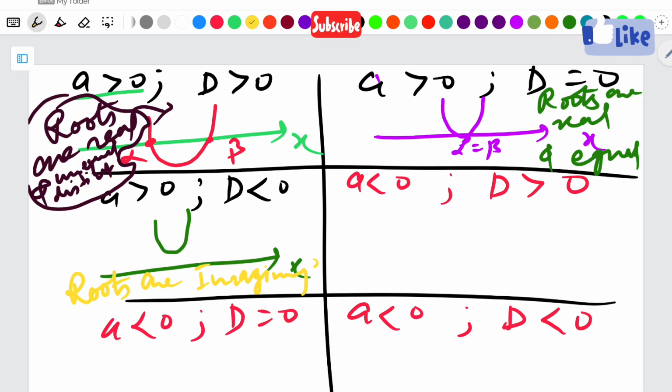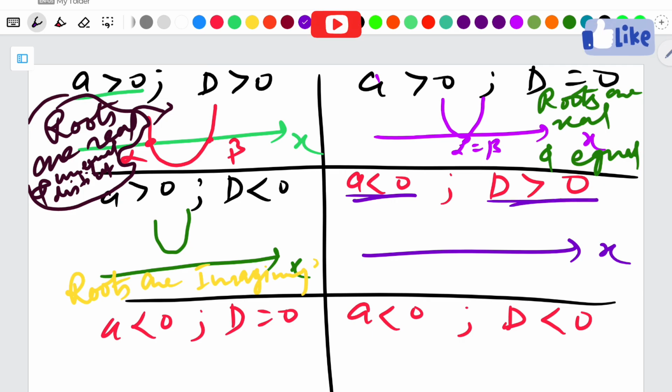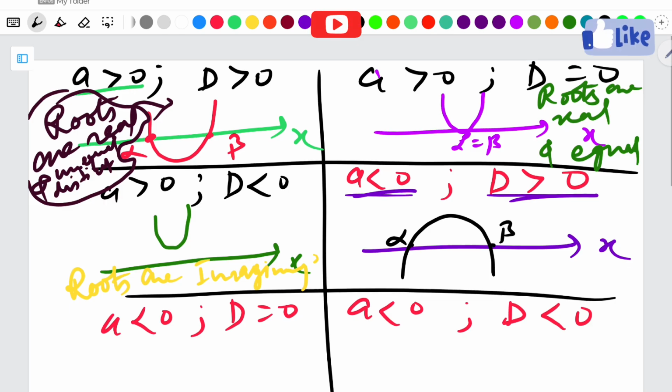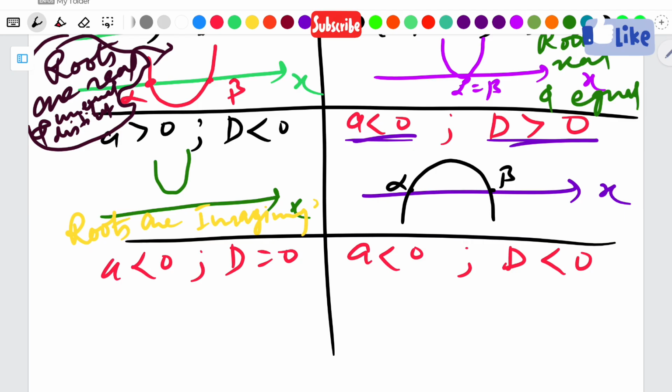Similarly here also, a less than 0 is a downward parabola, d greater than 0, it will intersect at 2 points. So the curve will be like this. This one is alpha, this one is beta. Similarly, a is negative means downward, d is equal to 0 means touching.